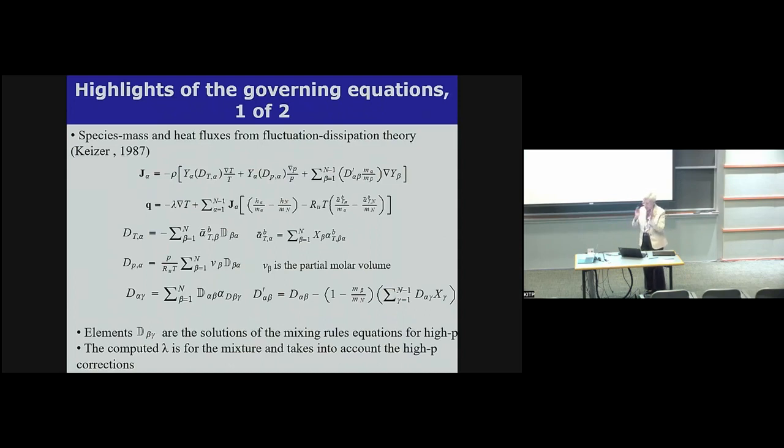So the flux of species mass includes three terms. One is proportional to the temperature gradient, that's called the Soret term. One is proportional to the pressure gradient, that's called Barrow diffusion. And one is proportional to all the gradients of the species, n-1, like I said. And this is the mass diffusion flux.